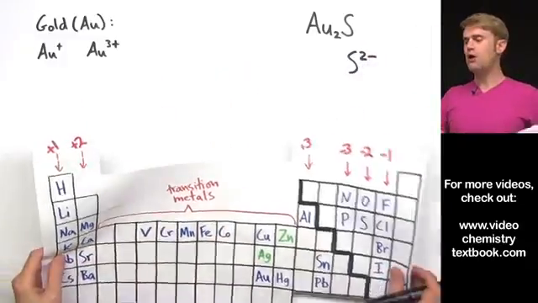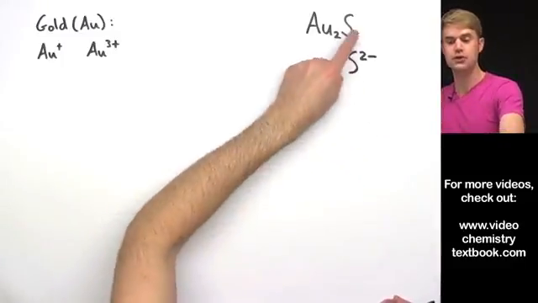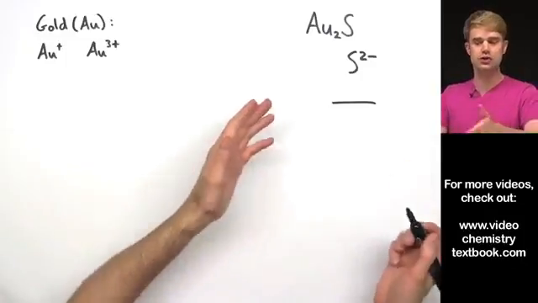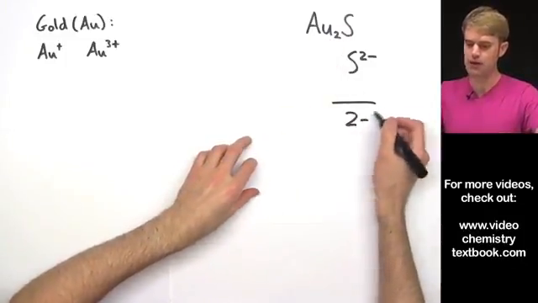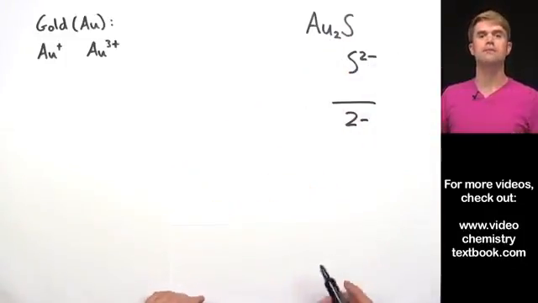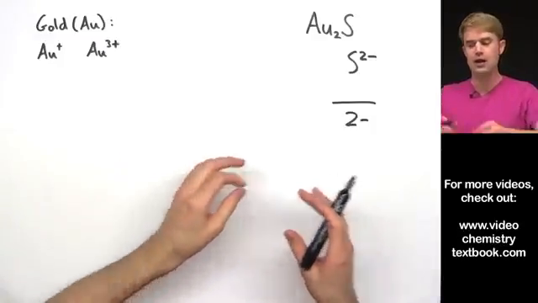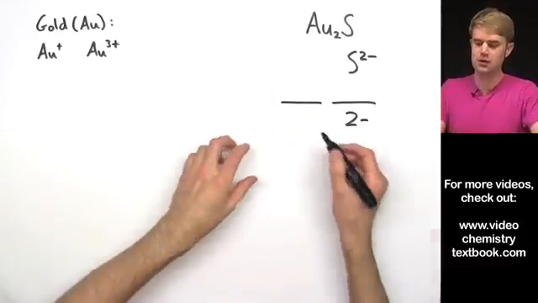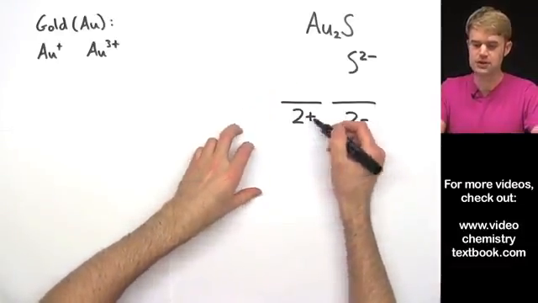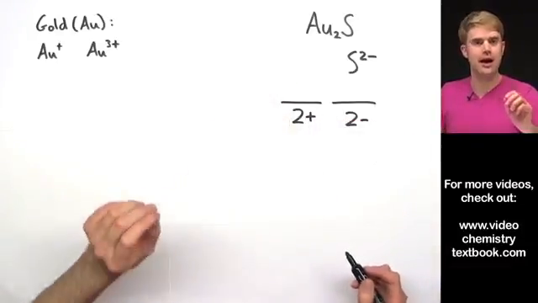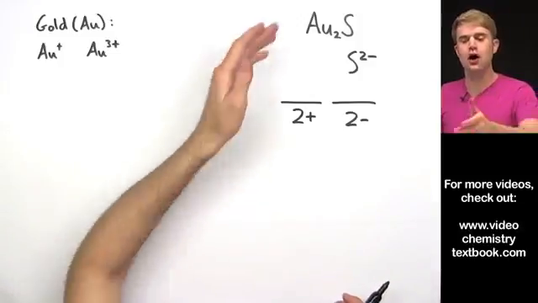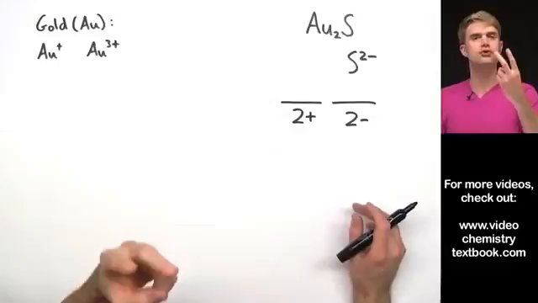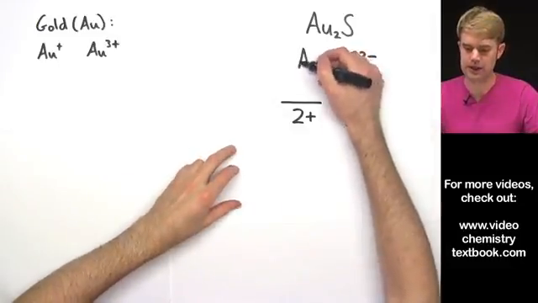Now there's only one S. There's no number after that S. So that means that our total negative charge in the compound is 2- from this one S2-. Now for the positive charge, the positive and the negative have to balance. So over on this side we have to have 2+ of positive charge. Now, what's the charge on gold, on Au? Well, this 2 tells us that we have 2 gold ions in the compound.